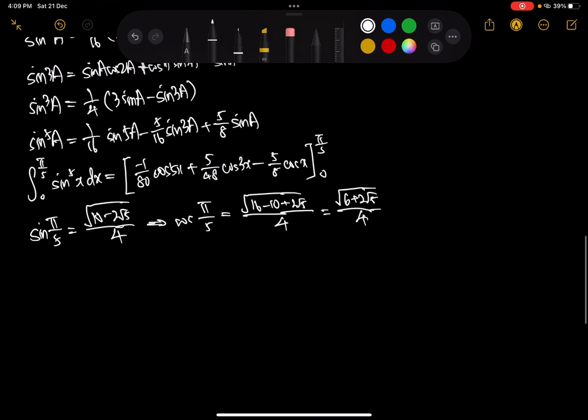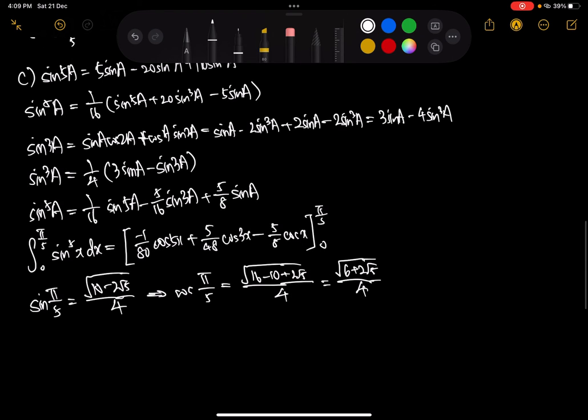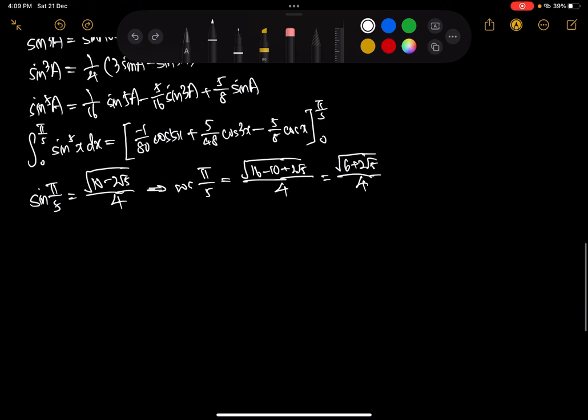And the huge question is cosine 3 pi over 5. Well, you could use this identity if you want to. Well, actually, we don't have cosine 3a yet. Well, you could do the cosine 3a route, or we could do cosine 3 pi over 5: 1 minus 3 over 5 is 2 over 5.